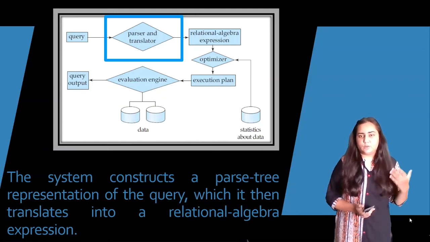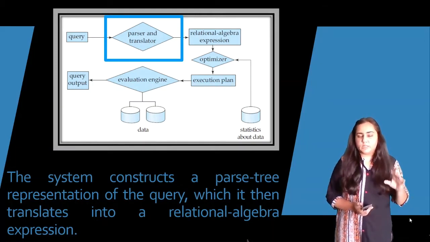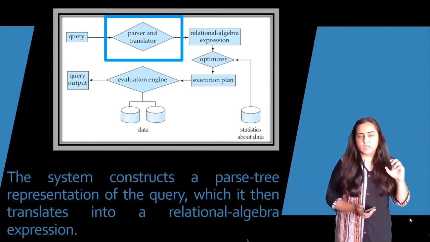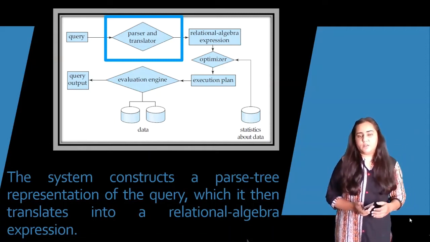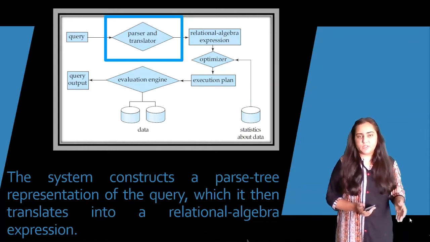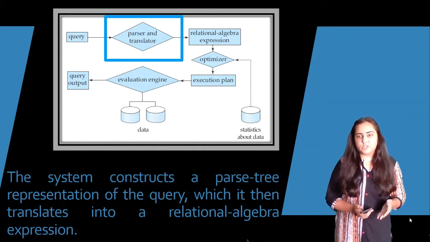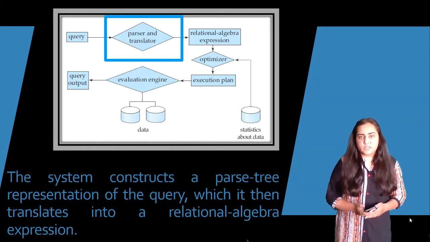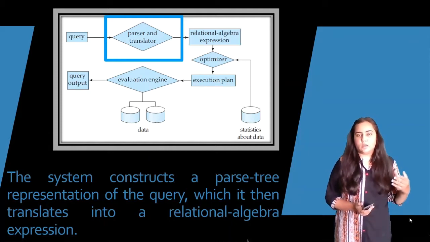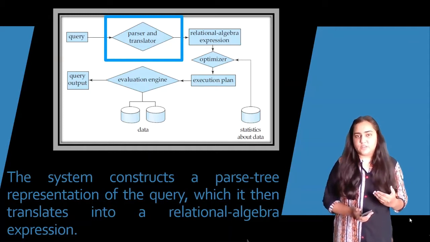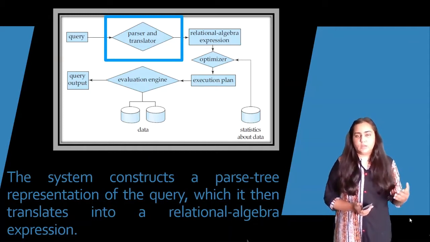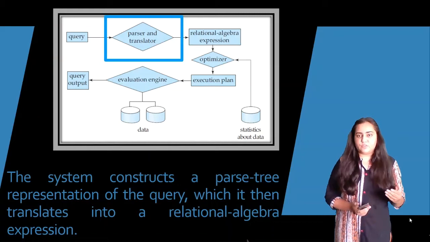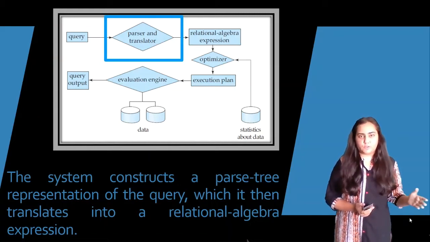But a parse tree is nothing but where operations are kept in a hierarchical order, and then this parse tree is translated into a relational algebra expression. Because, like I said, relational algebra is not a declarative language but a procedural language, whereas SQL is declarative. So we have to convert it into this type of procedural construct.